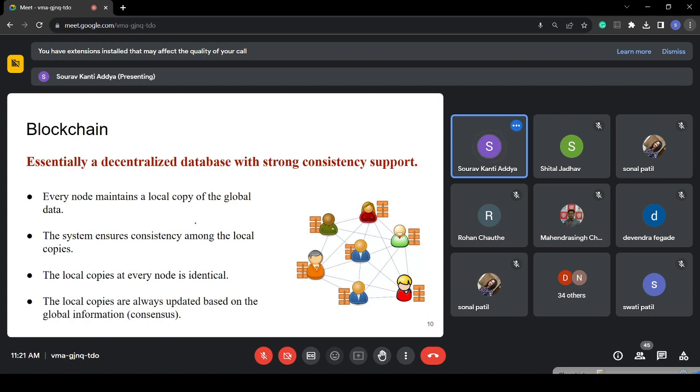That means virtually there is a global database, and that database has been shared to all other people as their local copy. So basically there is no global data. This global data is logically global, but actually it's a view of the local copy of each person. And there are lots of mechanisms to create it.